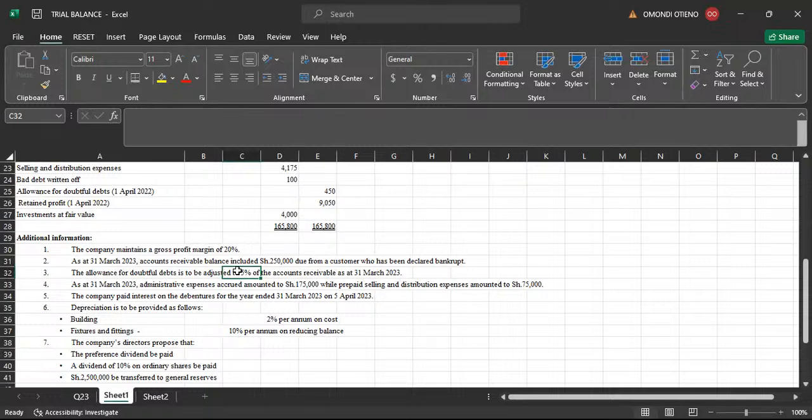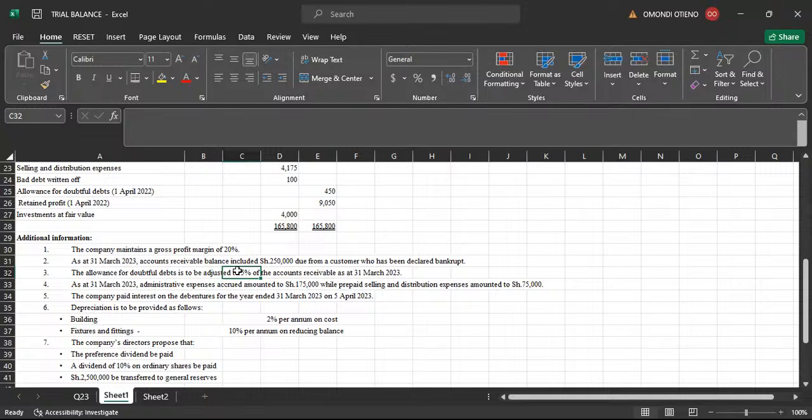So what are we doing? It means as at the last day when the financial statements were prepared, these people were not paid the interest on debentures, and therefore it becomes an accrued expense. So it will be there in the income statement as an expense, and also in the statement of financial position as accrued liability or accrued interest.